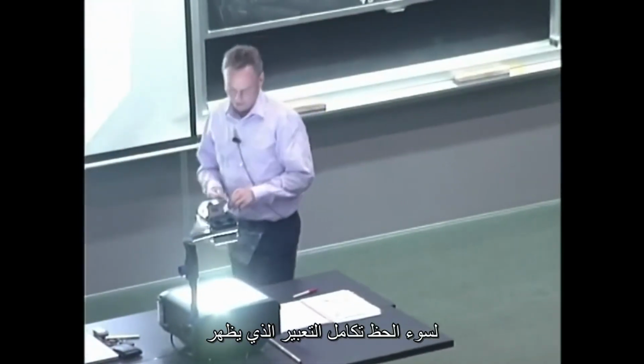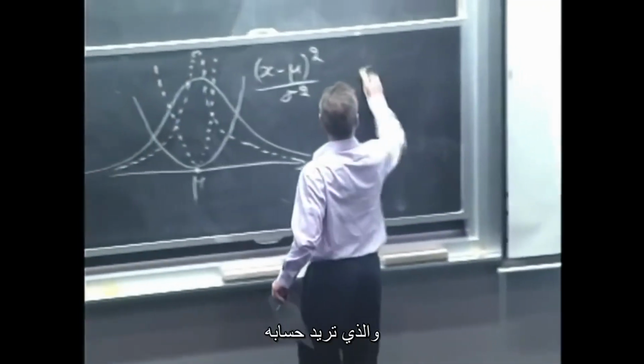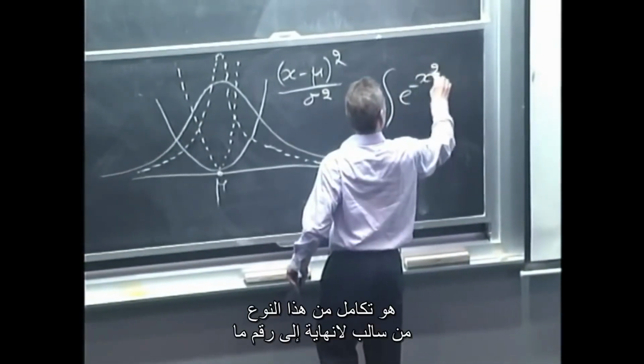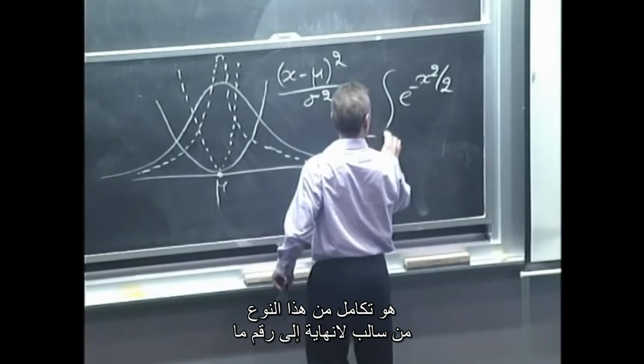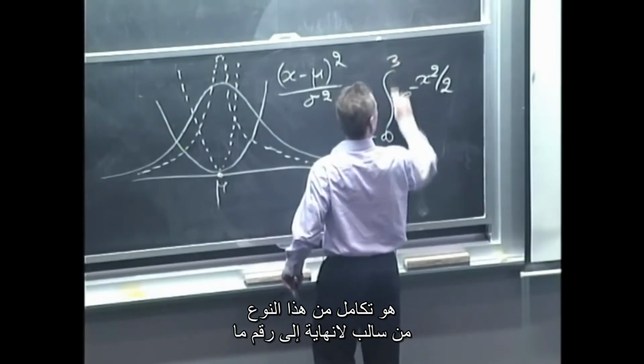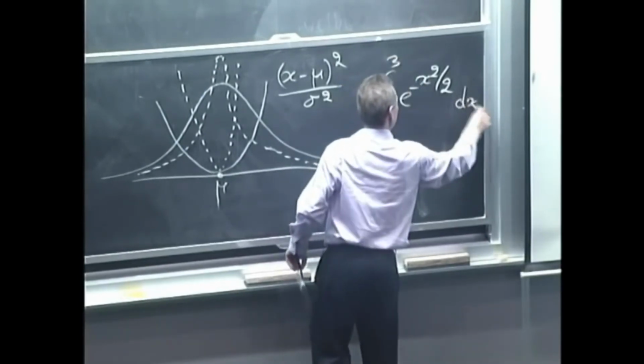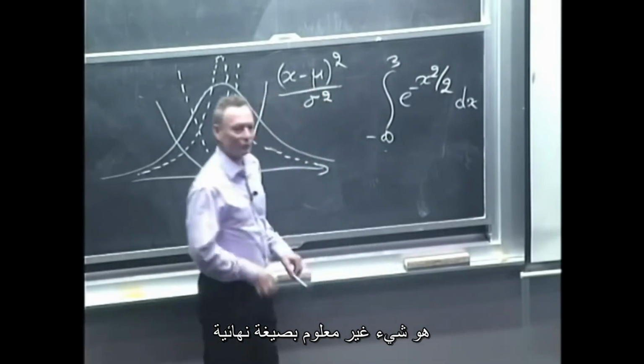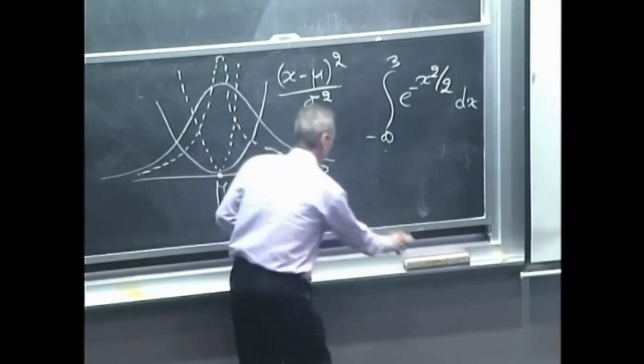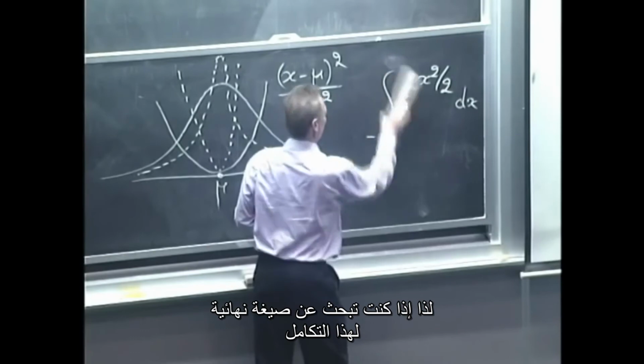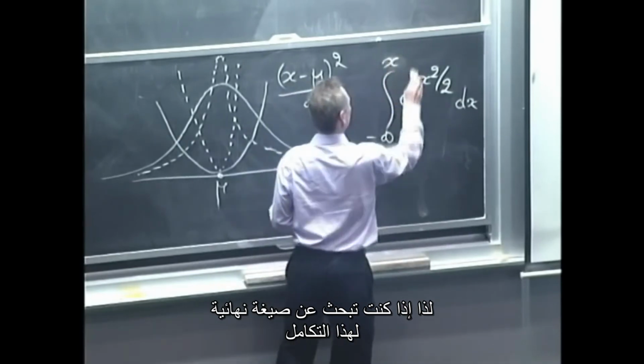Unfortunately, the integral of the expression that shows up, an integral of this kind from, let's say, minus infinity to some number x bar, is not known in closed form.